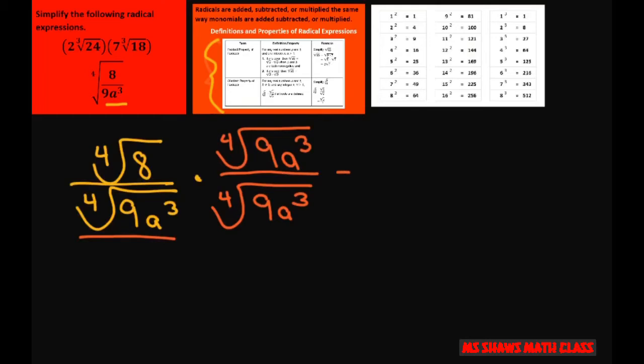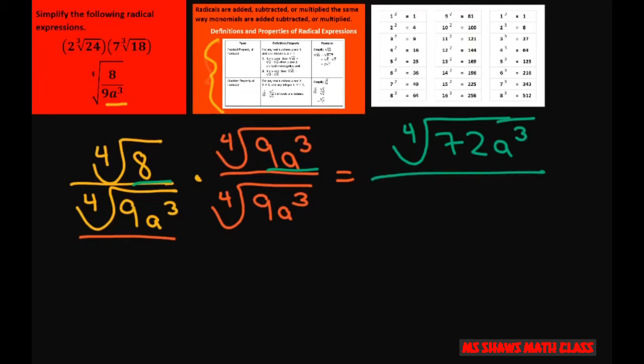All right. So for the numerator, we're going to get 4th root of 72. You can multiply everything in here: 72a cubed. Denominator, you're going to get 4th root of 81 times a cubed times a cubed. This is going to be a to the 6th.